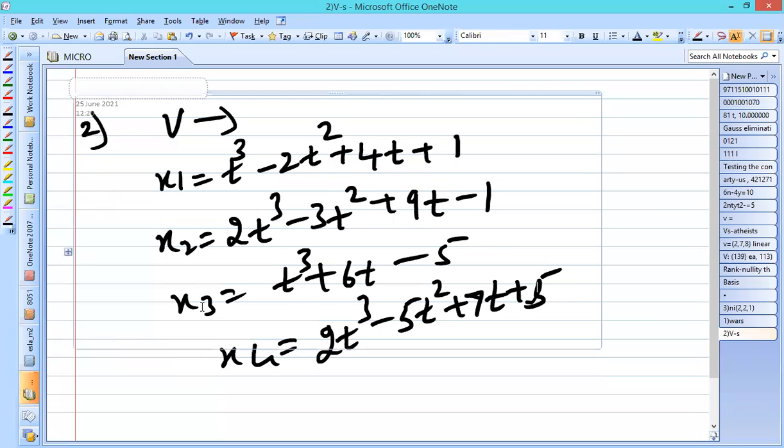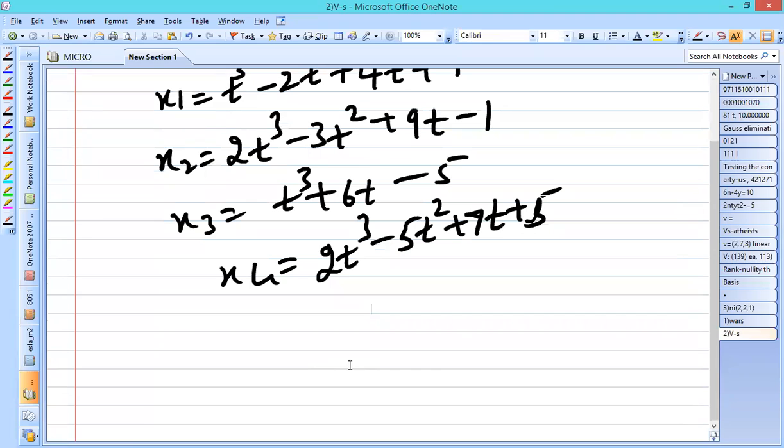So these elements are given. Check the basis and the dimension of the subspace W, which is obtained from the vector space V. For these given polynomials, first write the matrix A. Observe the coefficients of t cube, t square, t, and so on, and correspondingly go on writing the elements.